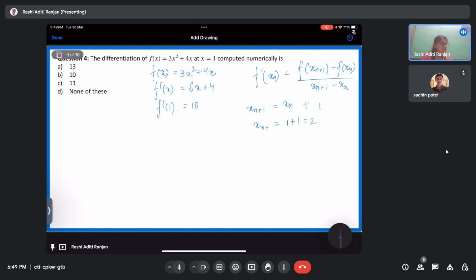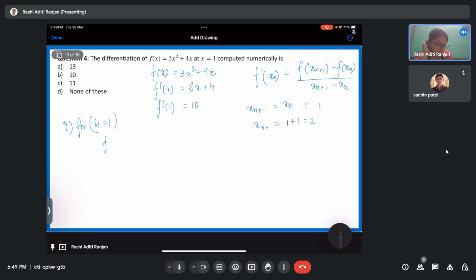Okay, so if you see over here, this is for the first case where I have considered h as 1.